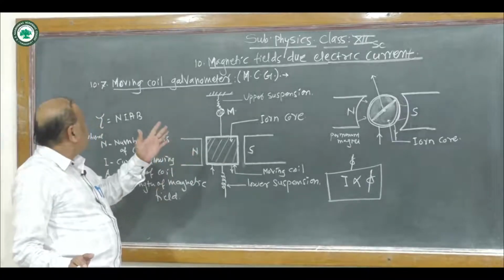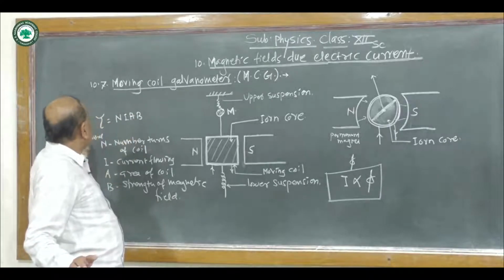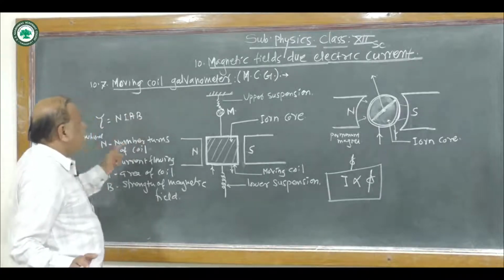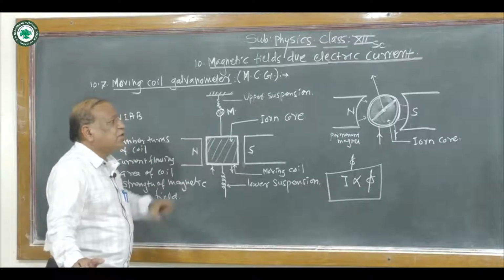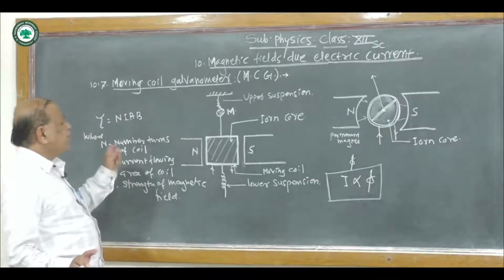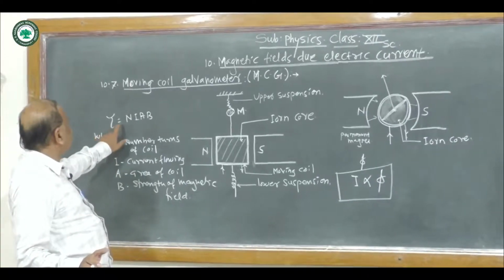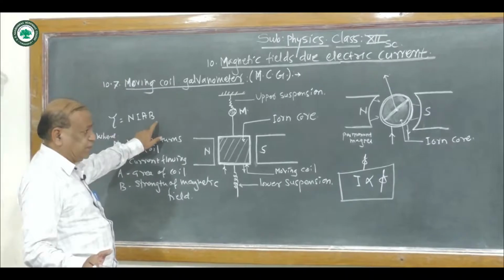First, we obtained the torque acting on the rotating coil in between a strong magnetic field, and that is given by tau is equal to NIAB.